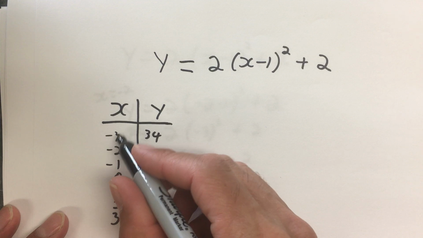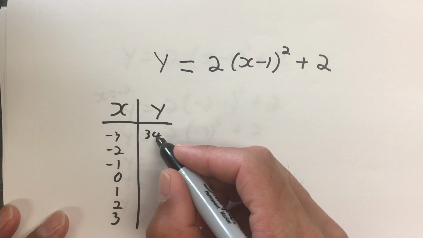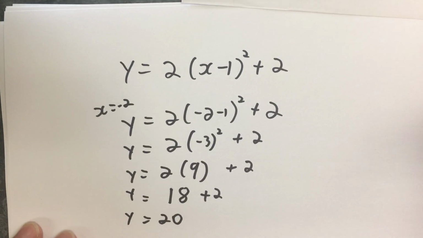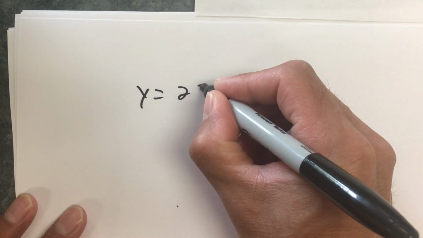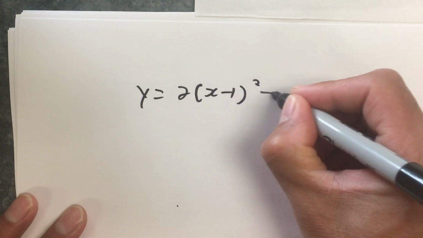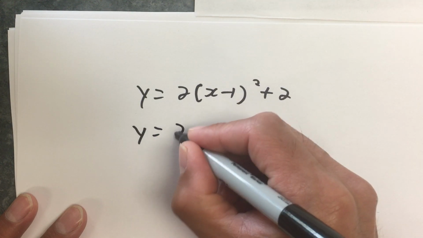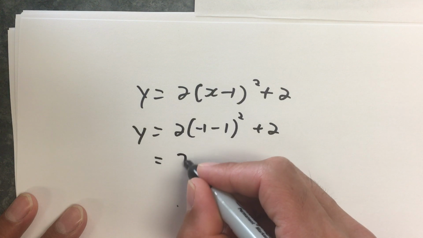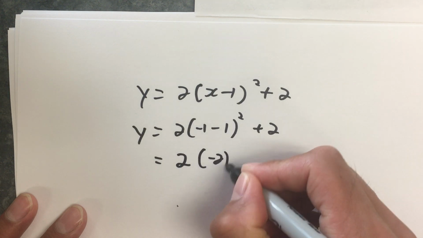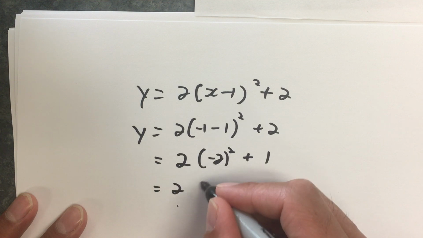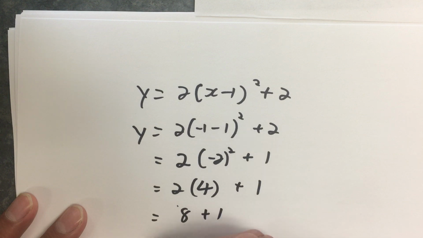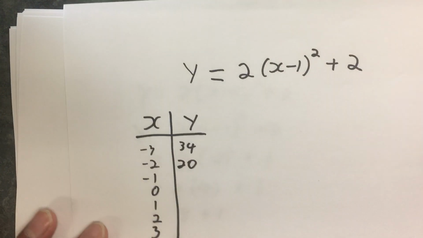So I have when x is -3, y is 34. When x is -2, y is 20. I'm going to try x equals -1. So that gives me a 9.